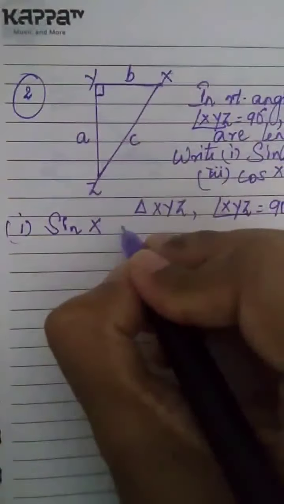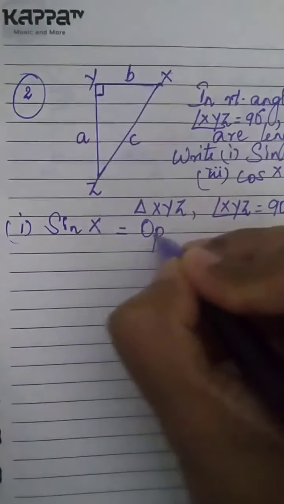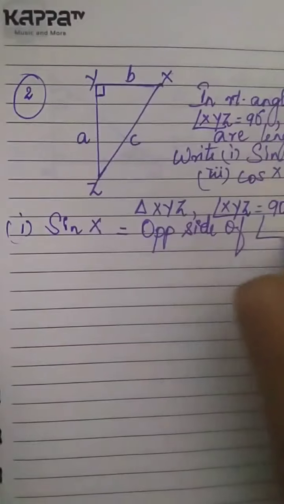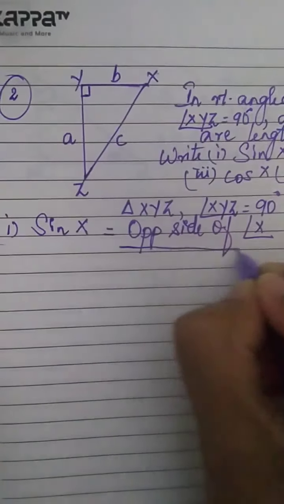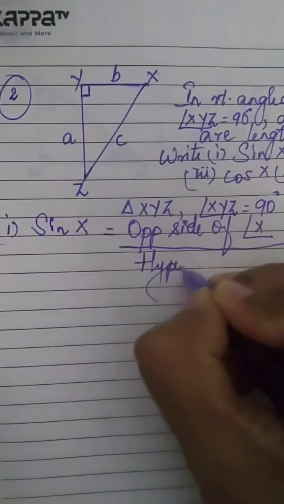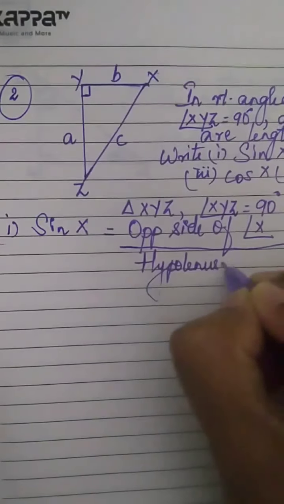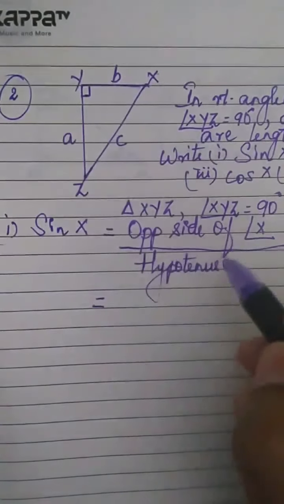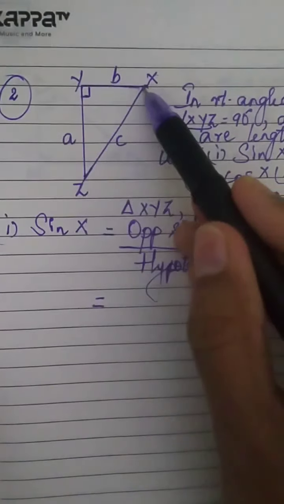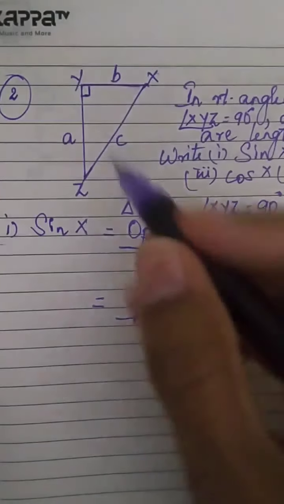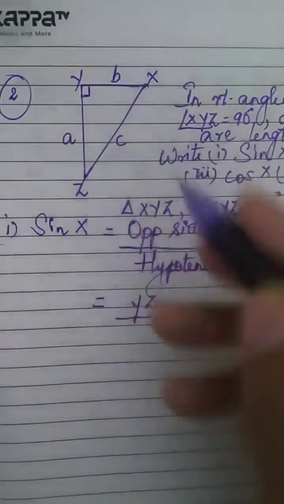Sin x, sin formula is opposite side of angle x upon hypotenuse. Opposite side of angle x is YZ upon hypotenuse, whose name will be XZ.